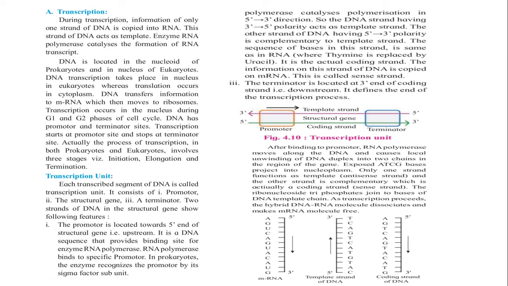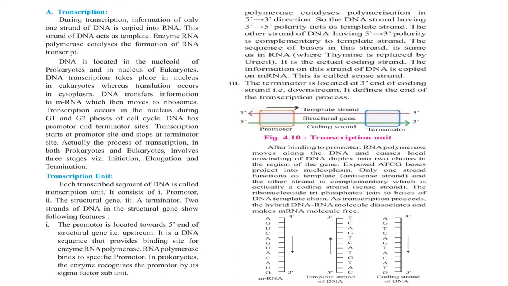It is the DNA sequence that provides a binding site for the enzyme RNA polymerase. RNA polymerase binds to a specific promoter. In prokaryotes, the enzyme recognizes the promoter by its sigma factor subunit.